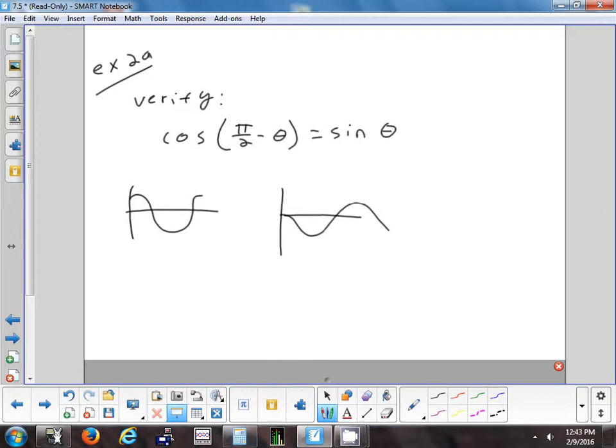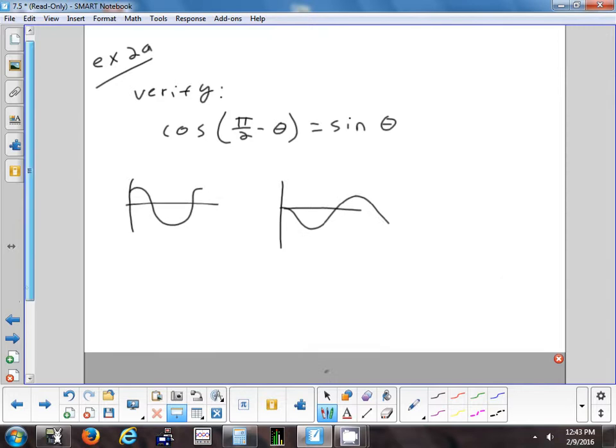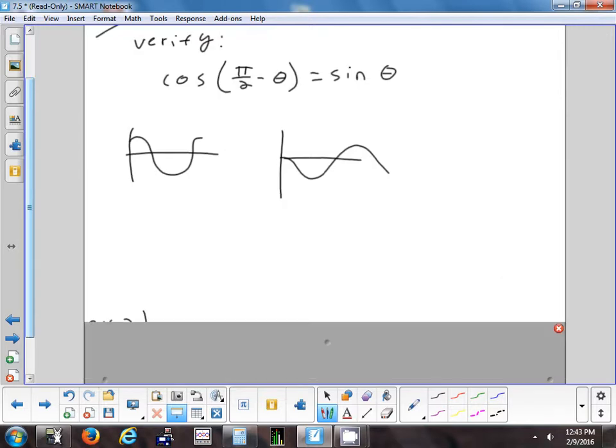So they are the same graph, just shifted a little bit. How could I use that formula that we had before to prove cosine of pi over 2 minus theta equals sine theta? What could I do?